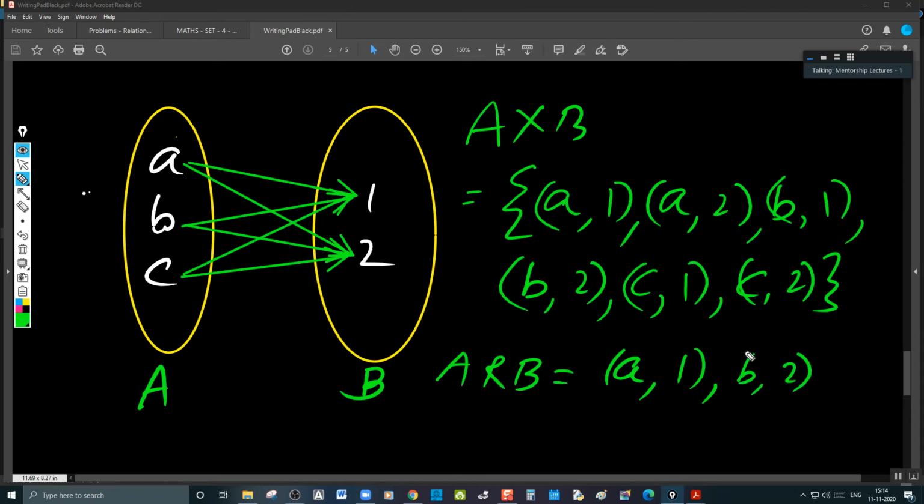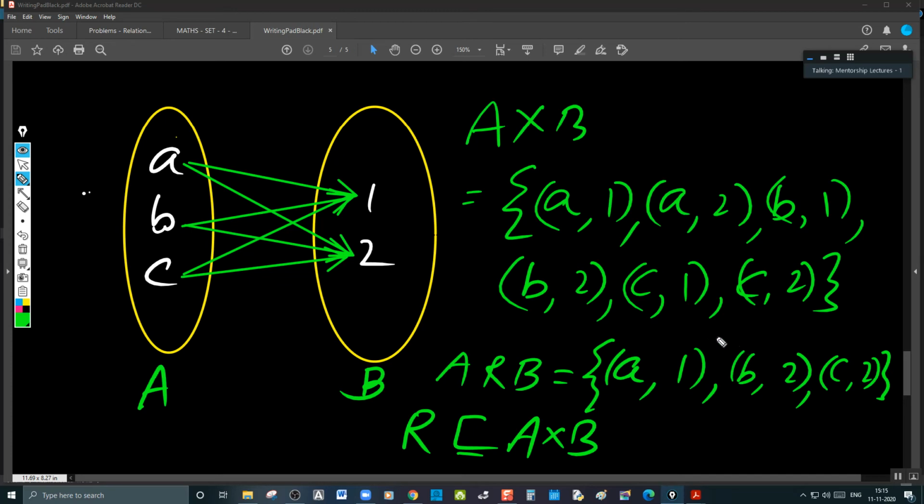You can take whatever you like, but it should be a subset of the cross product. This is called a relation. So the relation is always a subset of A cross B.